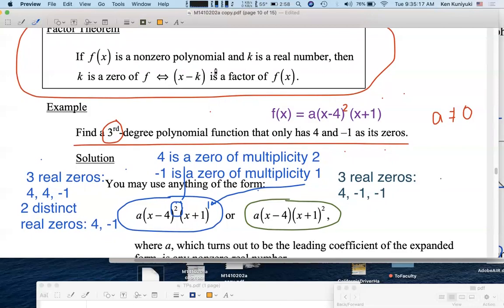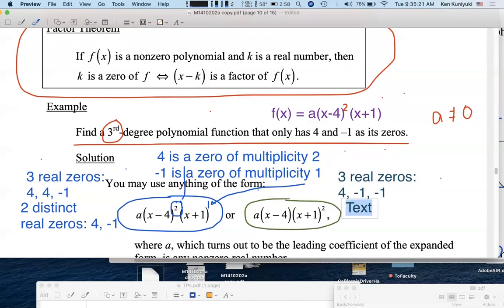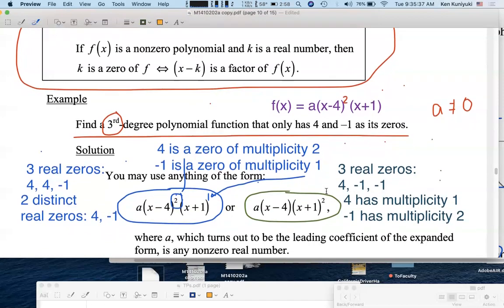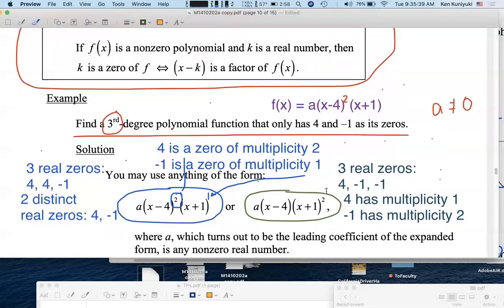And this time, 4 is a 0 of multiplicity 1, and negative 1 is a 0 of multiplicity 2, corresponding to the exponents here, 1 and 2.